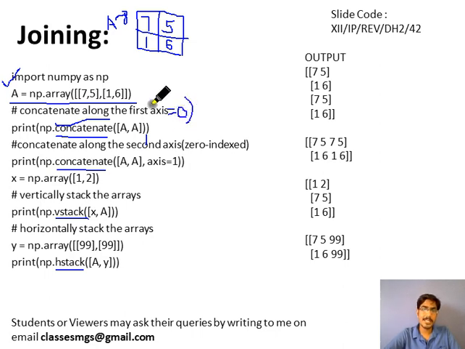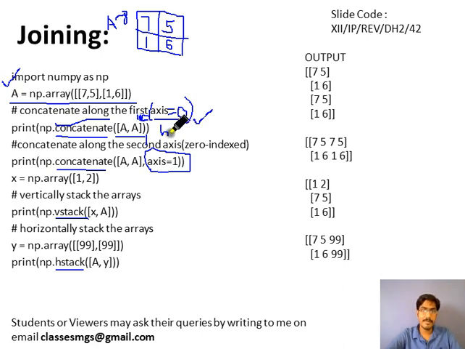By default axis is 0, so we need not pass it in this concatenate method. But if we want to join horizontally, we have to manually pass axis 1 like this. We can pass axis 0 here also, but by default the value of axis always remains 0 in the concatenate method, so we need not pass it, but you can pass it if you want.